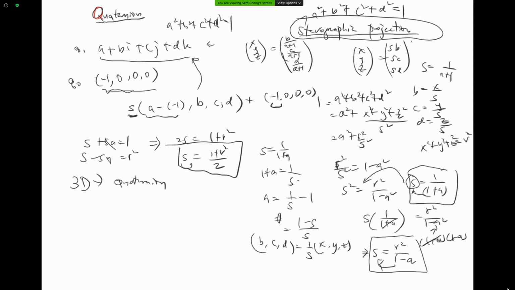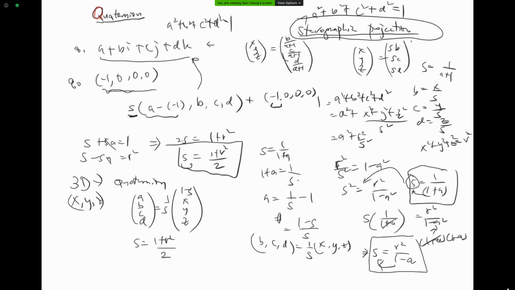If I have x, y, z here, if I write a Quaternion from my a, b, c, d, it's something like 1 over s, 1 minus s, x, y, z. And also s is equal to 1 plus r squared over 2.